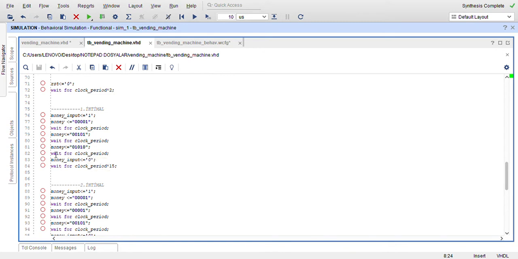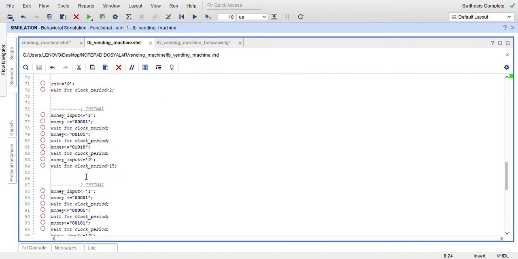Then again we wait for clock period and money input will be equal to 0. Then we wait for clock period multiplied by 15 because we don't want a complicated simulation.